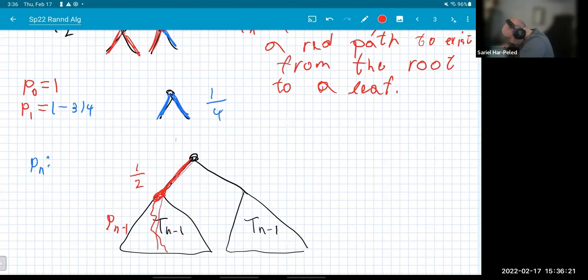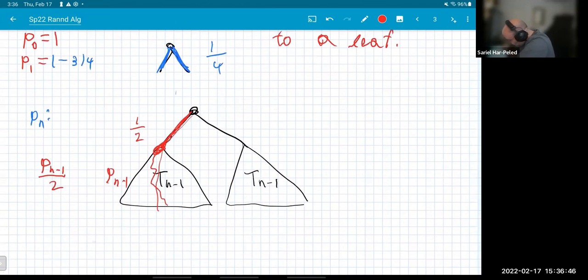So the probability of having a path on the left side is pH minus 1 divided by 2, right? Okay. So this is the probability that I succeeded on the left side. And since there is no success like failure, the probability that I fail on the left side is this, right?